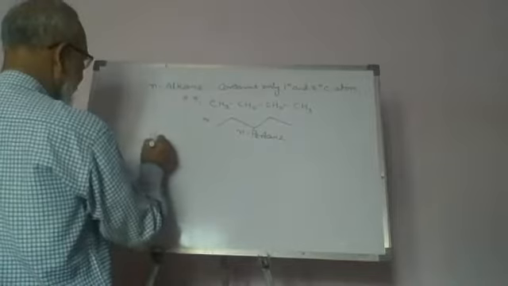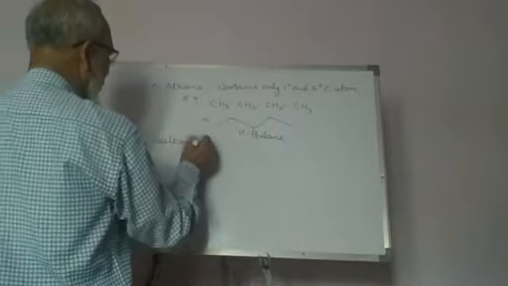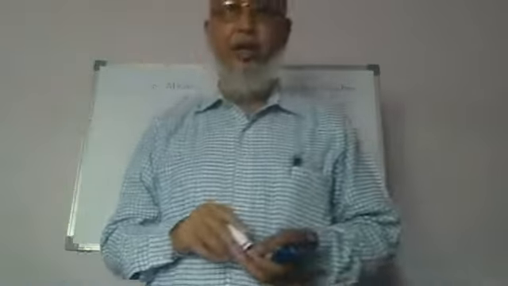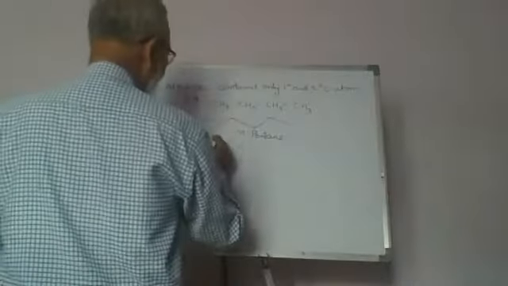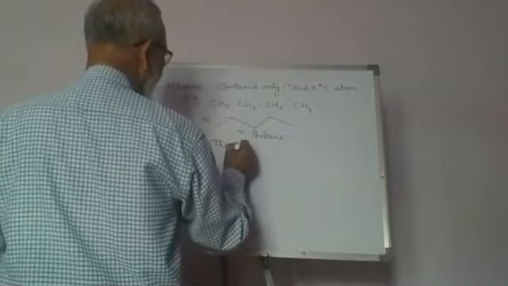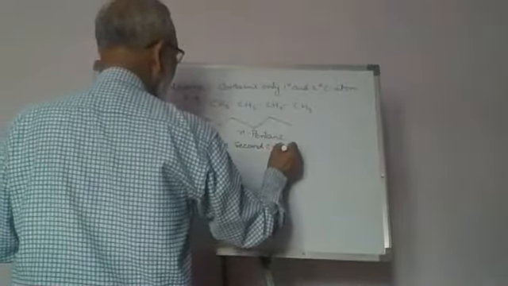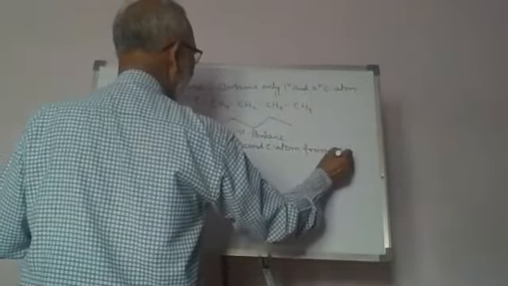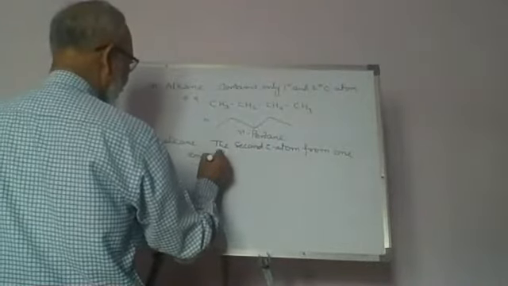Isoalkane. It contains the second carbon atom from one of its ends as tertiary in nature.